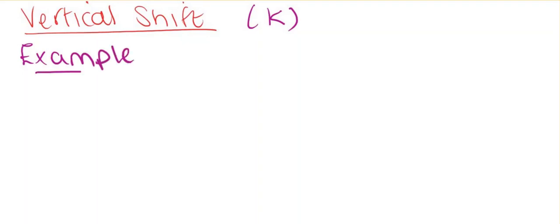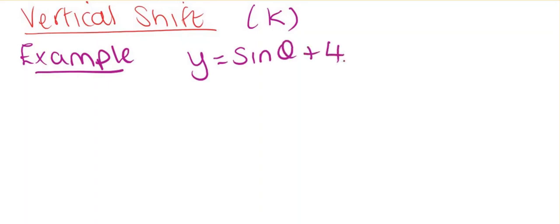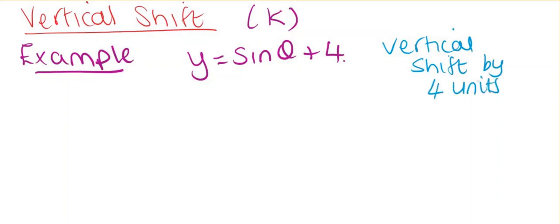Okay, so we're going to look at the vertical shift. This is represented by k. If we had an example, just to show, y equals sine theta plus 4. The plus 4 is going to give us a vertical shift of 4 units, going up towards the positive y.